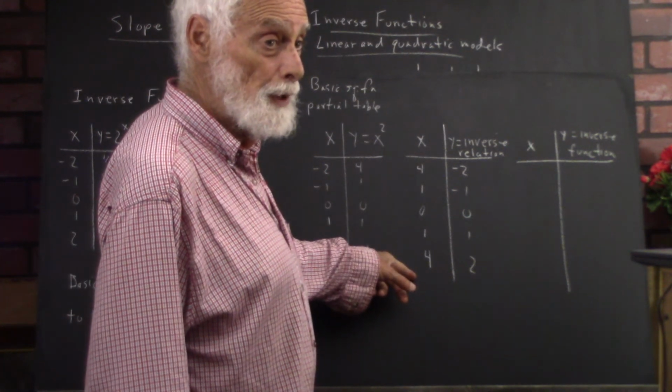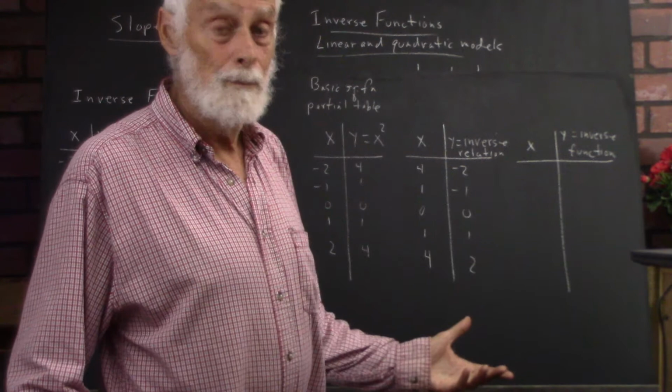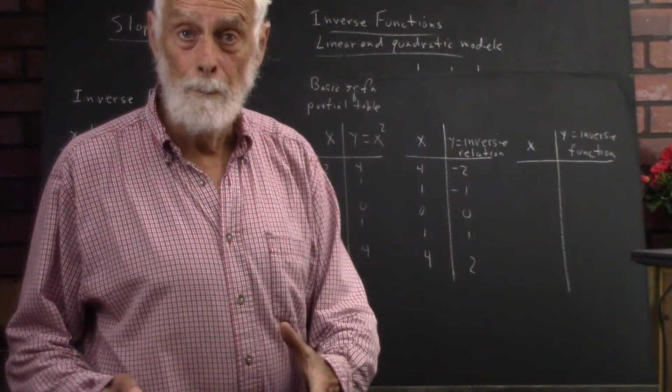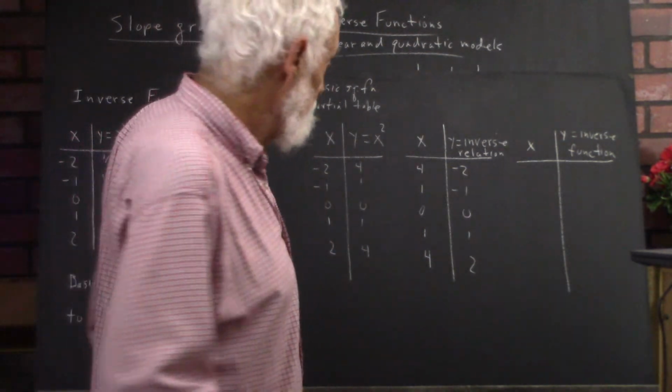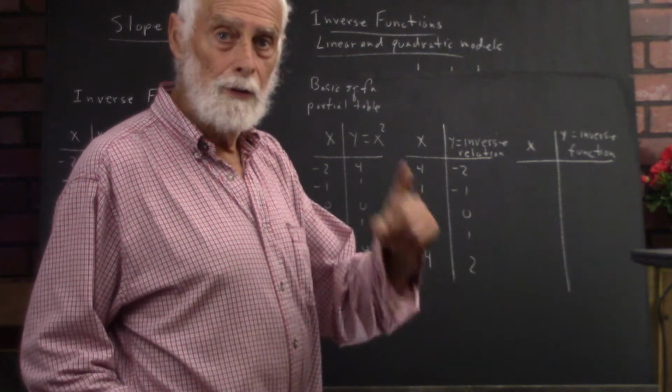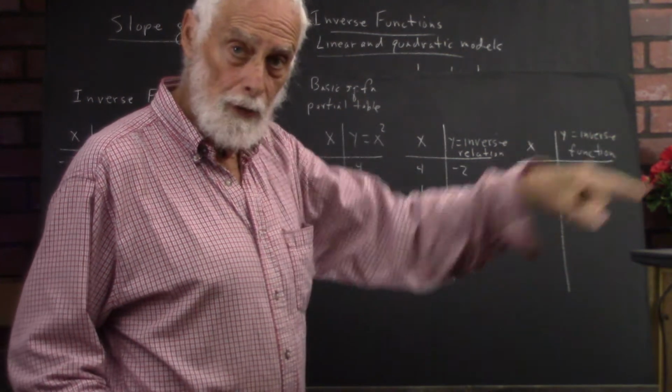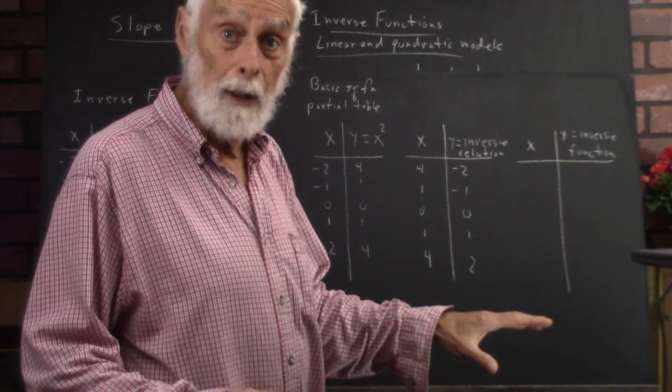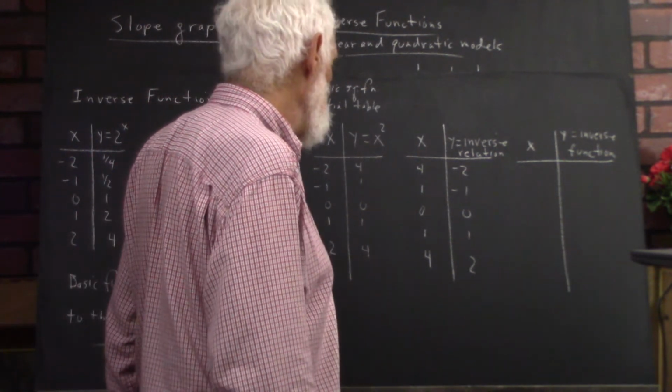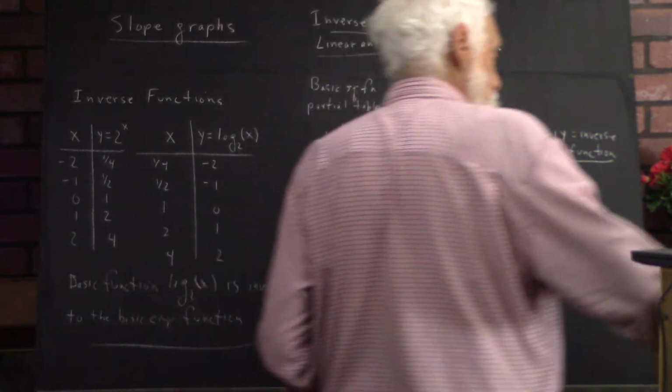And when you have to say that, it's not a function. If you have to say that for even 1 point, it's not a function. There's exactly one answer to what's the value of this function when I give you any number in its domain.